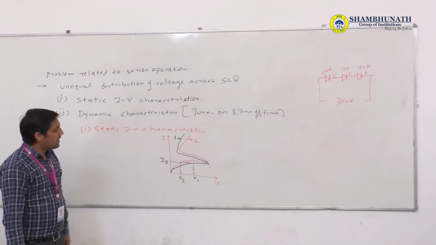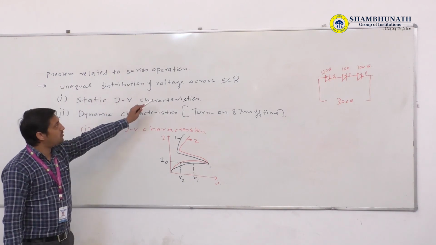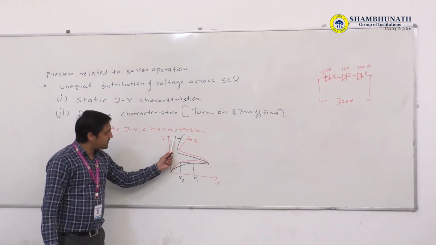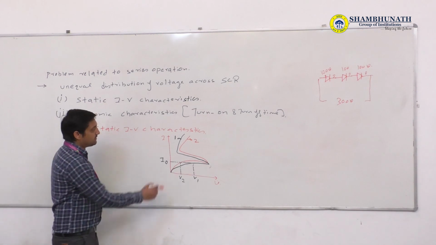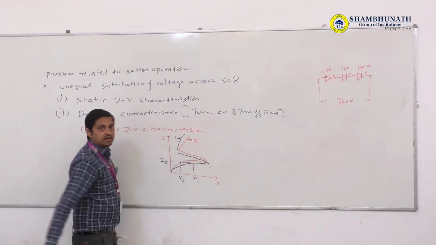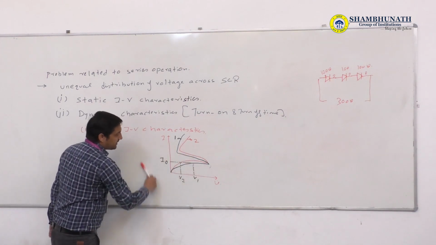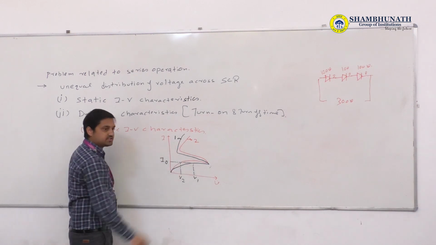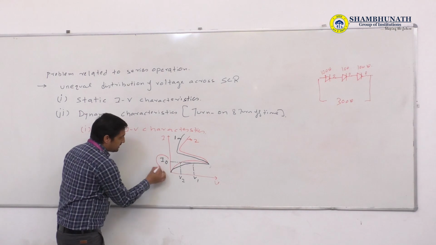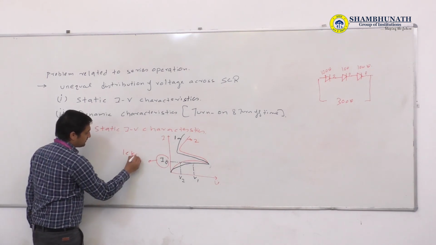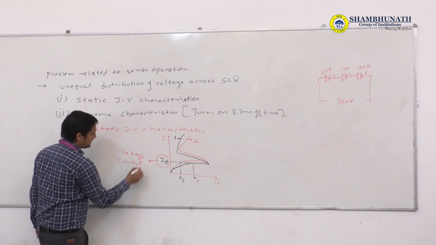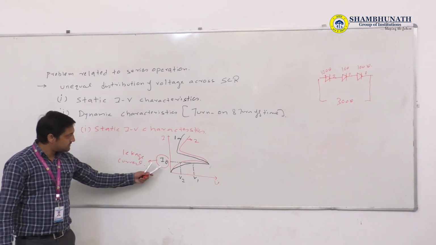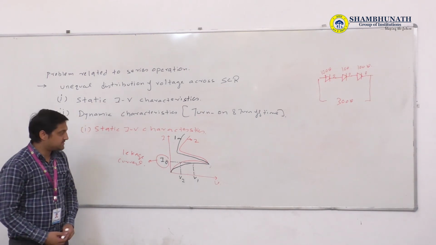So here is an example of how the unequal distribution across SCRs occurs. Here I consider two SCRs, SCR1 and SCR2, and this graph shows the IV characteristic of SCR1 and SCR2. Now this I0 is our leakage current.